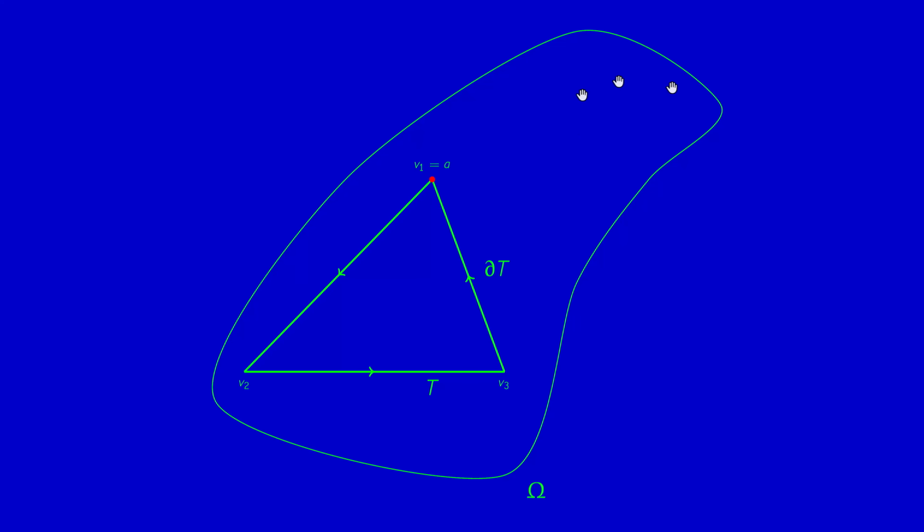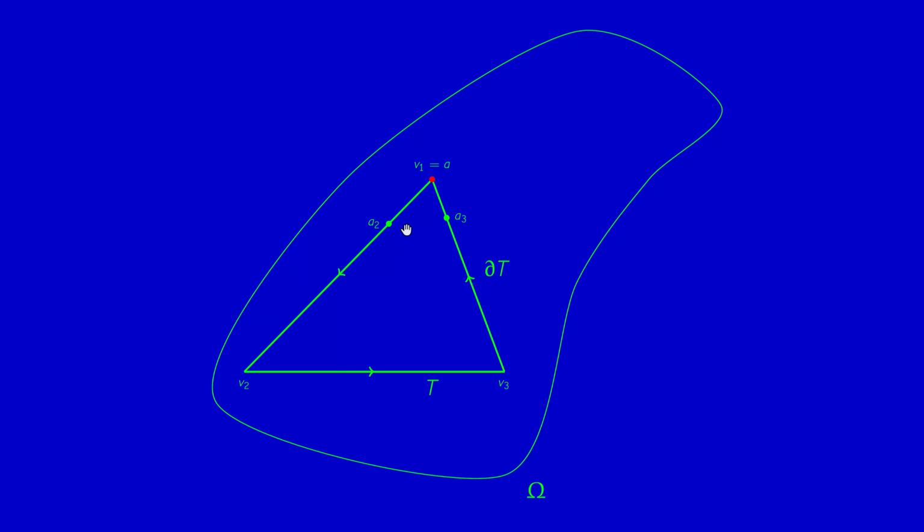Okay, so here's my domain. Here's the point A in red, where there's apparently a problem, and this is the triangle. The triangle region is everything inside. So I choose a point A2 on the side V1, V2, and a point A3 on the other side.